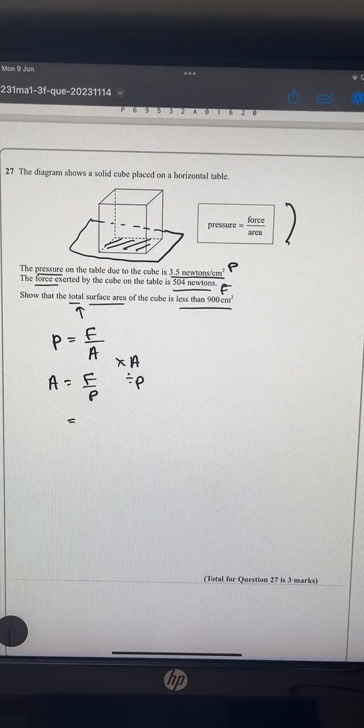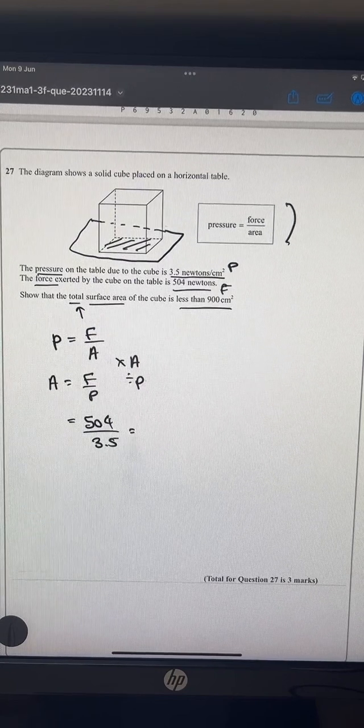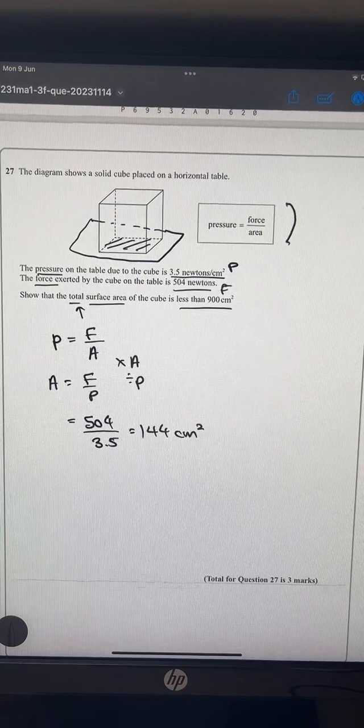So newtons, yep, they match. Centimeter square, yep, they match. If they didn't, then I'd have to do a bit of conversion, but they do, so we're good to move on. So force is 504 divided by the pressure, which is 3.5, and that tells me that the area is 144 centimeters squared, right? Because that's what the units of area are.